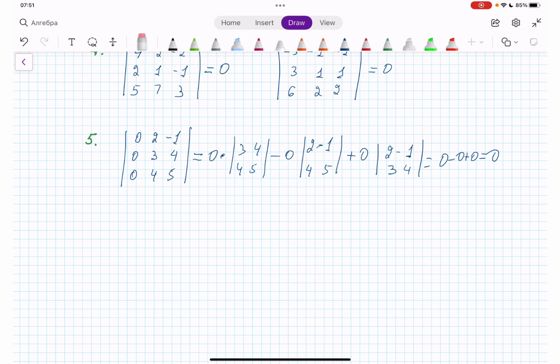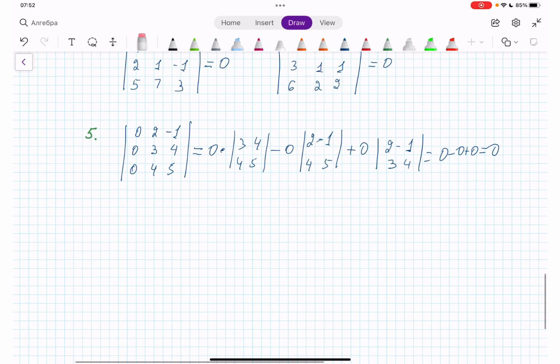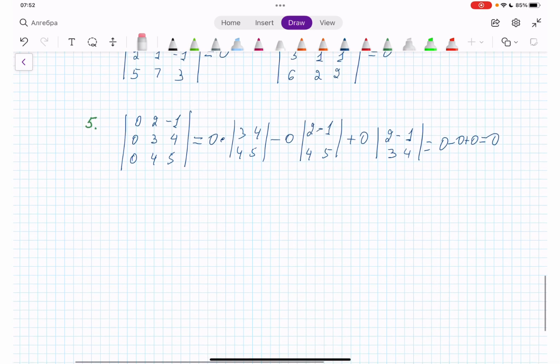And the last one, if the rows or columns of the determinant are proportional, then the determinant is equal to 0. And also, if there is a row or column filled with 0, it also gives us determinant 0. Okay, I think this was useful information for you to know, and I'll see you in the next video.